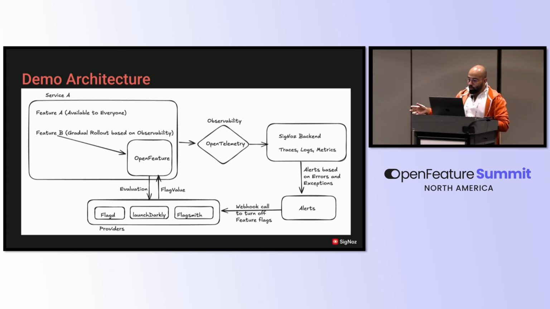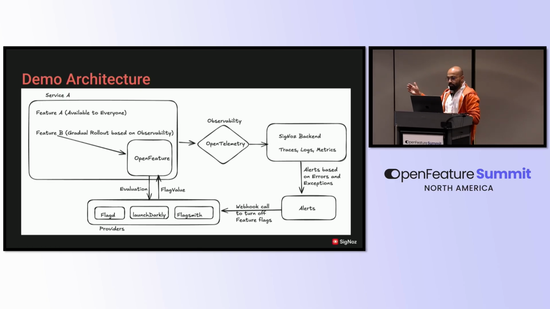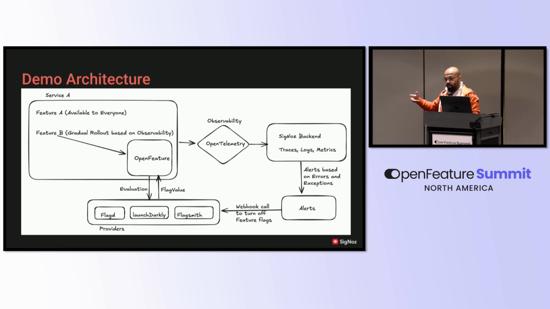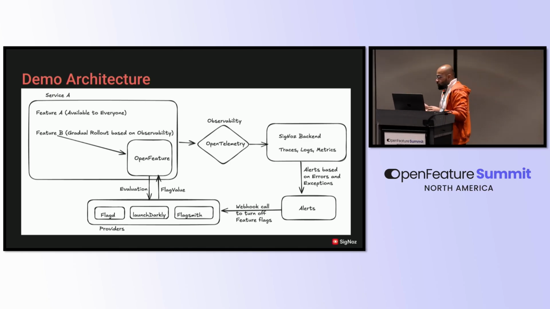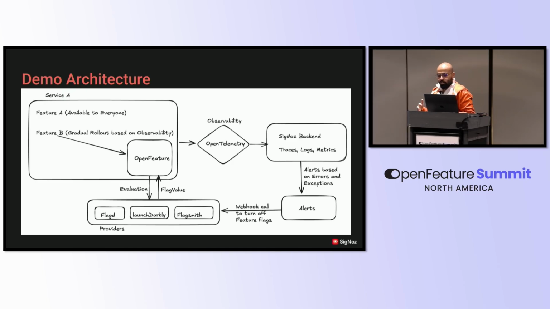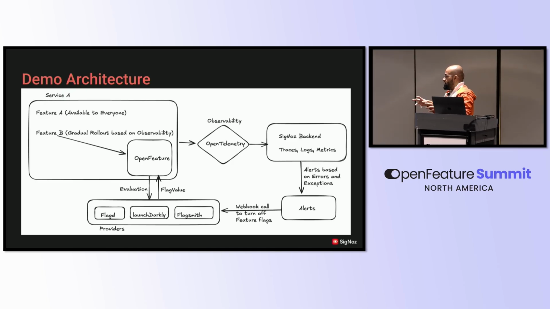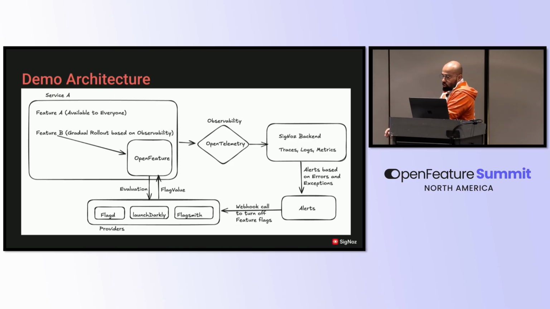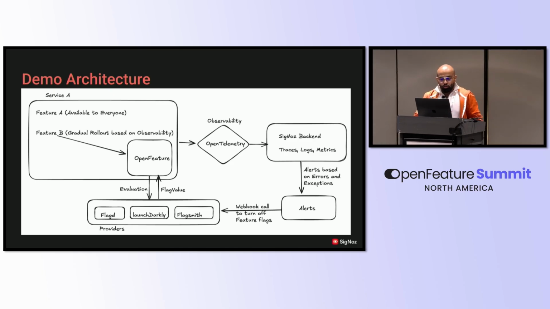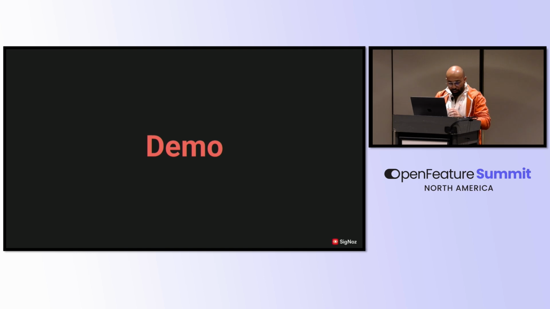Here we are using SigNoz, so I get the traces, logs, and metrics. Based on those traces, I get alerts on errors and exceptions. Those alerts can in turn make a webhook call to that feature flag provider to turn off the feature flag if we are erroring out on that particular feature flag. So let's get started with the demo.